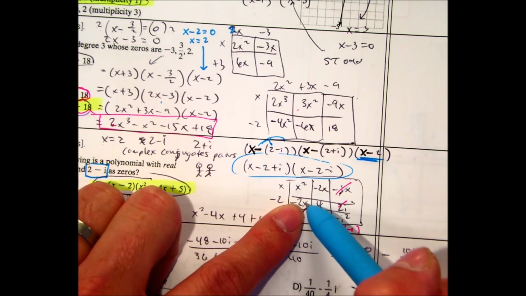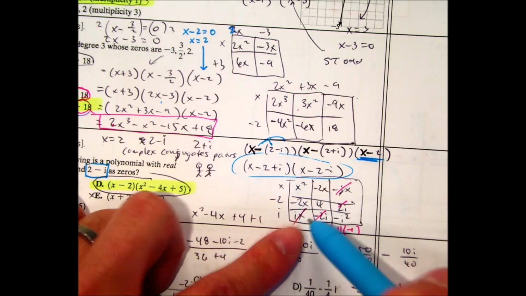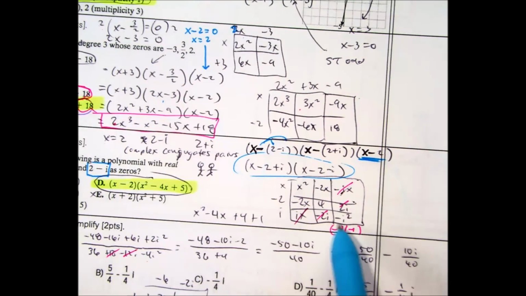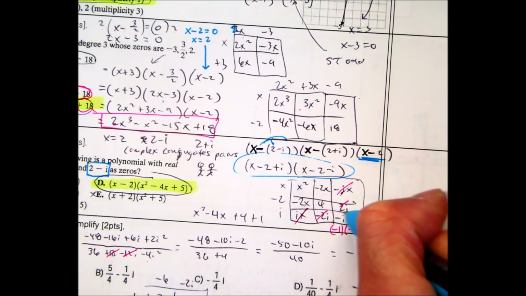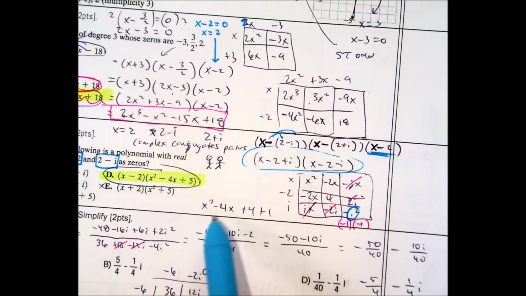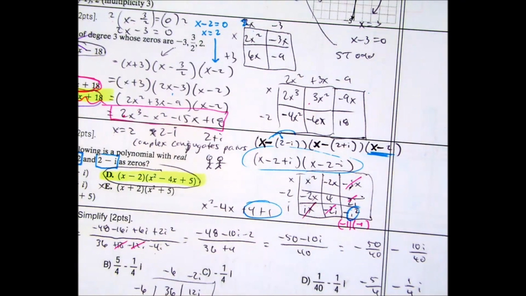Negative 2 times x is negative 2x, positive 4, positive 2i, ix, negative 2i, negative i squared. Remember, i squared is equal to negative 1, and you have that negative, so that becomes a positive 1. So you'll have x squared minus 4x plus 4 plus 1, add the constants together and that gives you the 5. Letter choice D is your correct answer.